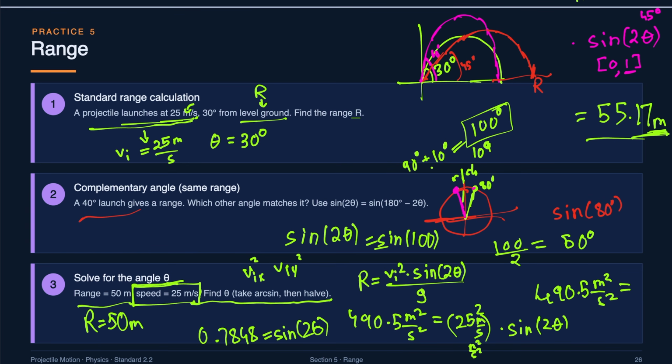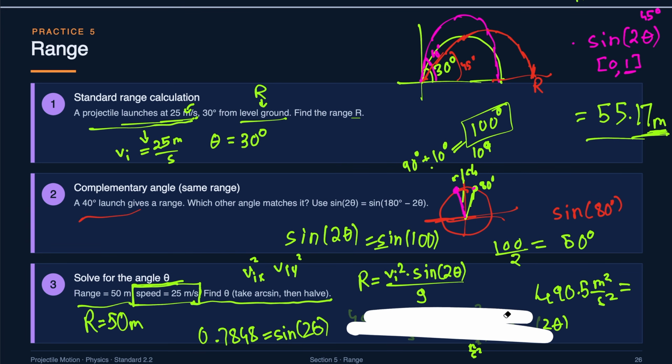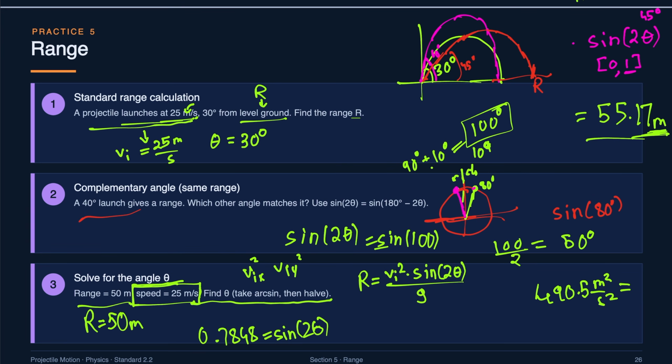Take the arc sine of both sides, so you get arc sine of 0.7848. Then divide that by 2, because this is sine of 2 theta. And you get your answer of 25.85 degrees. And there you have it.